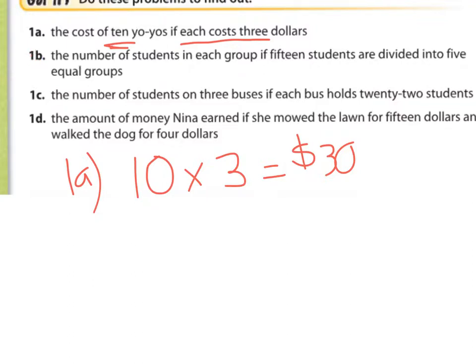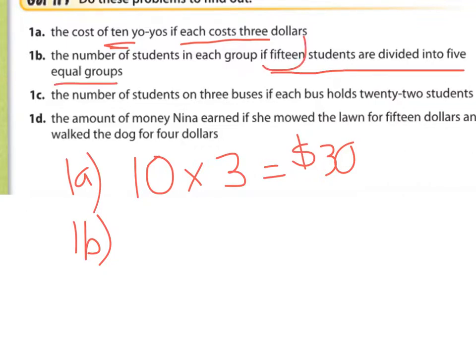1b, the number of students in each group if 15 students are divided into equal groups. So they want us to divide 15 students into 5 equal groups.